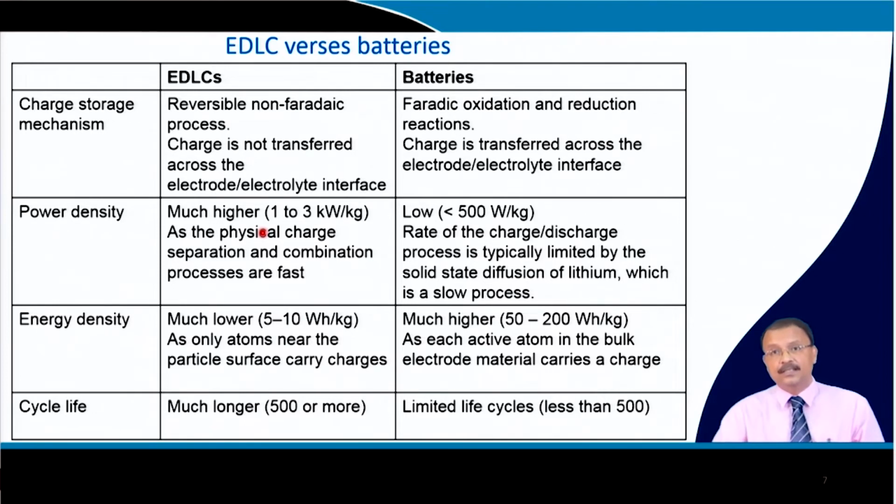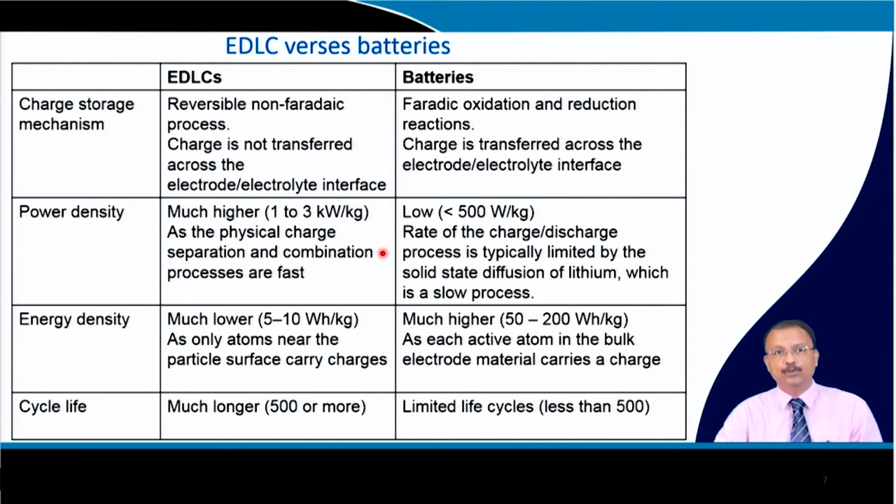So, the power density is quite high in case of EDLCs, typically 1 to 3 kilowatt per kilogram is a common power density, but in battery it is significantly low, because it is limited by the diffusion inside the electrode material. Particularly, you have seen in case of lithium ion battery or sodium ion battery, it needs a finite time to diffuse inside or outside the electrode materials.